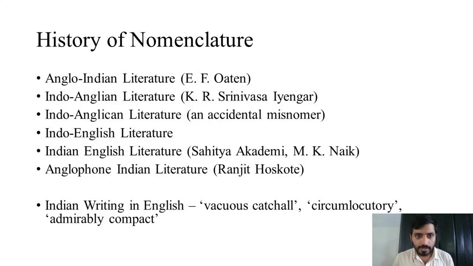Indo-Anglian literature is an alternative propagated by K.R. Srinivasa Iyengar. He says he is not the one who coined the term. He says the term was in existence before him, but K.R. Srinivasa Iyengar, who wrote the first historical account of Indian writing in English, and he called it Indian writing in English.